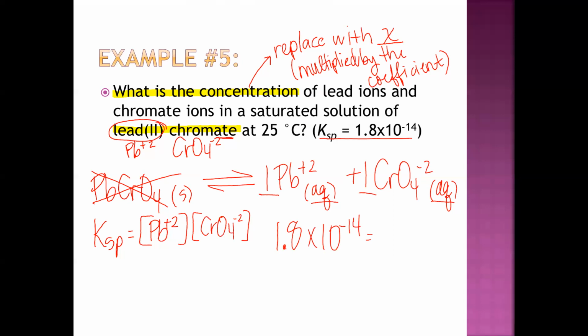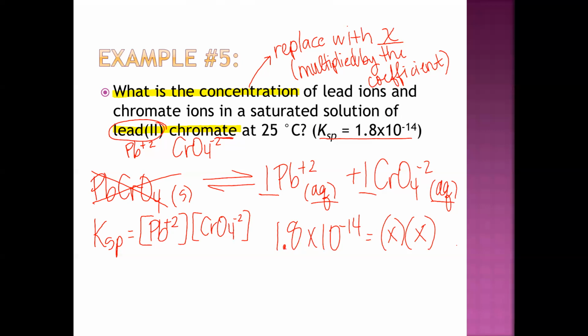Okay? So since we have Pb plus 2 and CrO4 both in brackets, we're going to put an X for the Pb plus 2. And we're going to put an X times an X for the CrO4 negative 2. The reason why we do that and plug the same number in is because the coefficients are both 1.